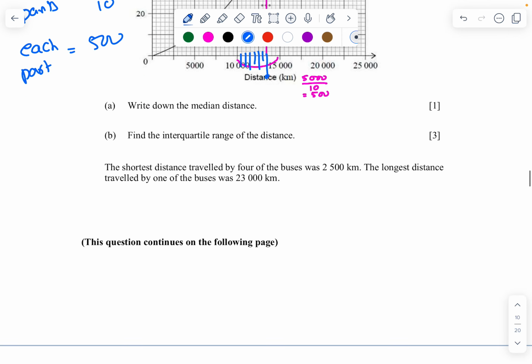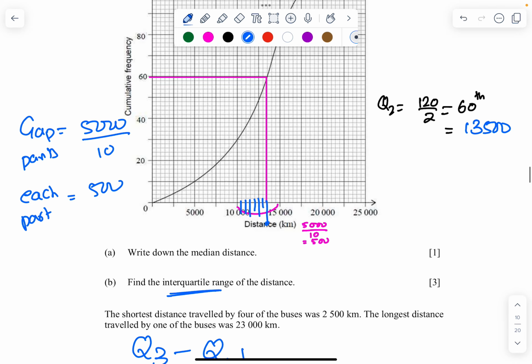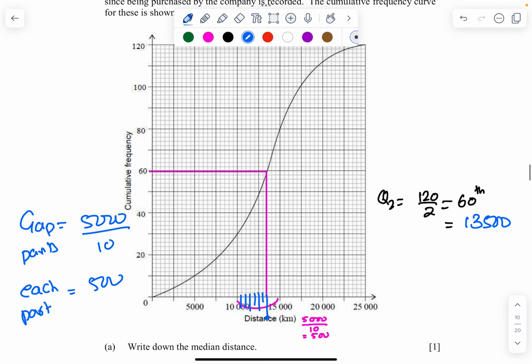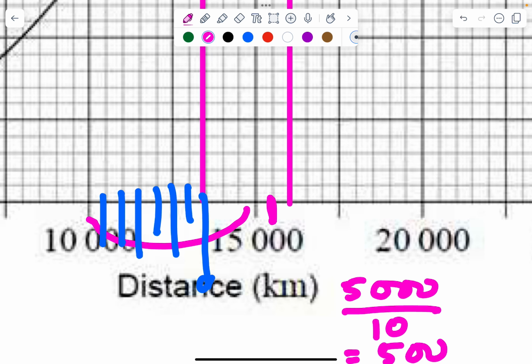Now interquartile range. For getting the interquartile range, we should do Q3 minus Q1. So how do I get it out? Q3, 120 times 3 upon 4, which is nothing but what? 90th observation. What is the 90th observation? From 90, draw the line, hit the graph and drop it down. So you can see that each part was 500. So 15,500 and this becomes 16,000.